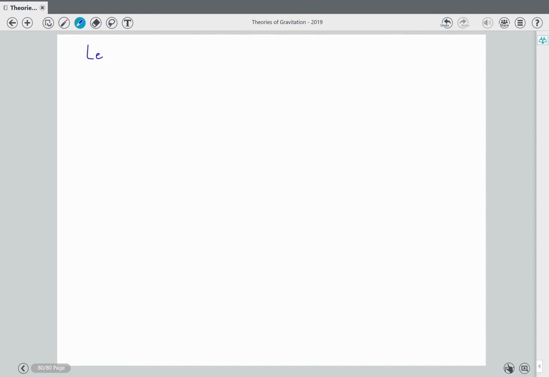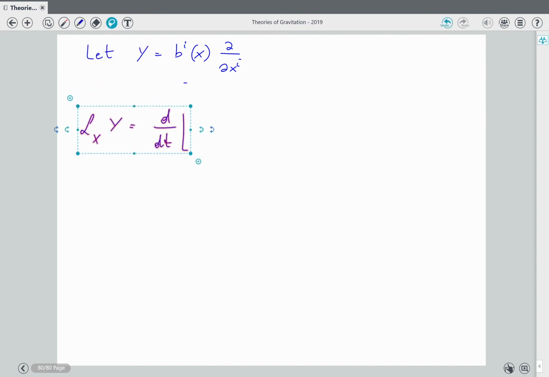Let Y denote another vector, and then we want to compute the Lie derivative of these two objects, and now we view it as the derivative of the vector. So you take the vector and you flow it. Let's see what you get, and then you take the derivative.